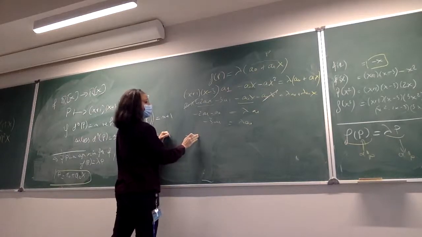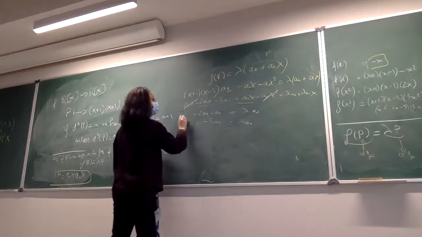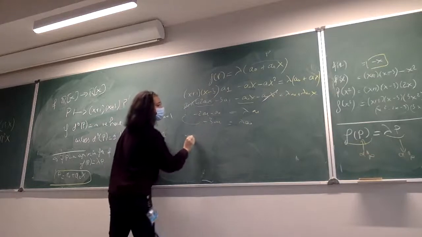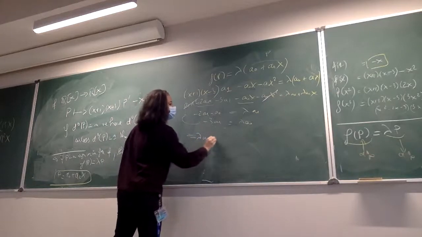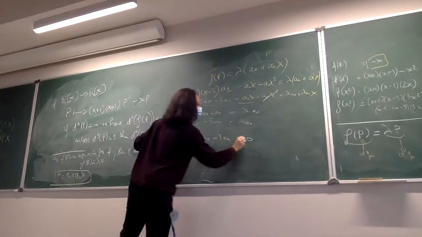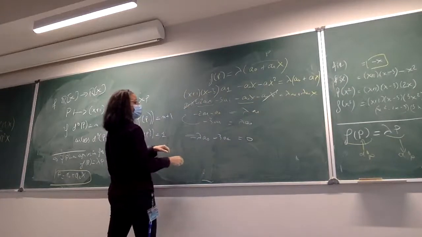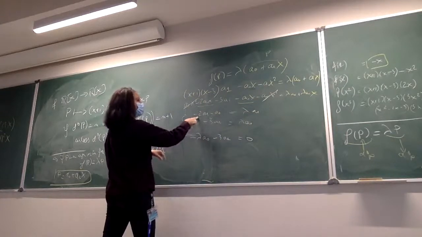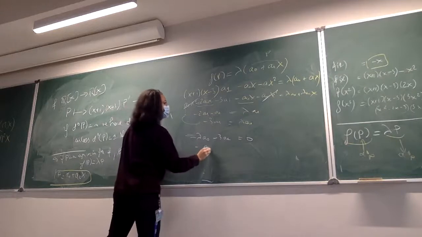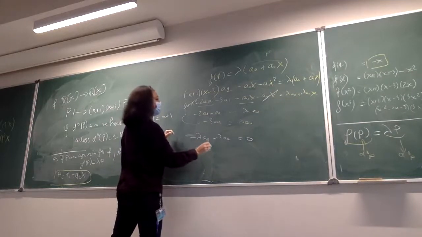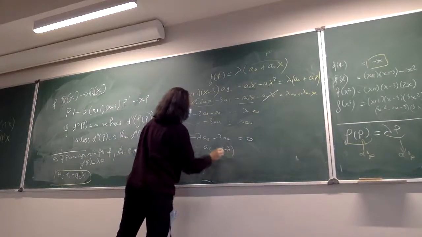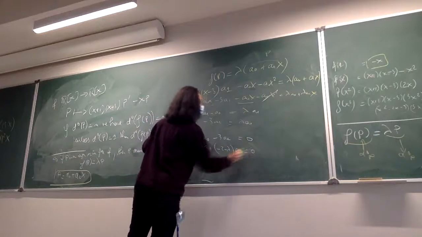Let me put that equation first. So that's minus lambda a0 minus 3 a1 is equal to 0. And on the other side, I'm solving for minus a0 minus (2 plus lambda) a1 is equal to 0.